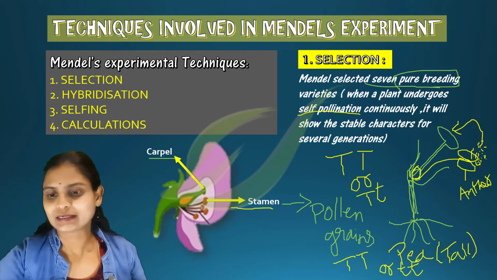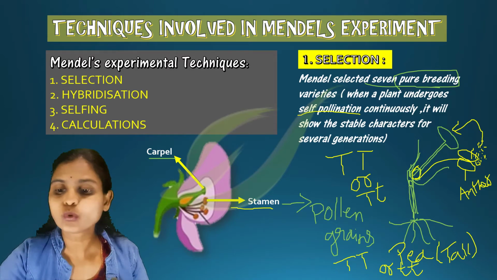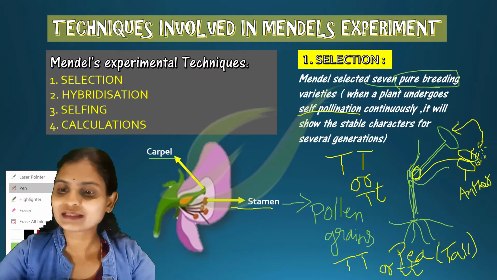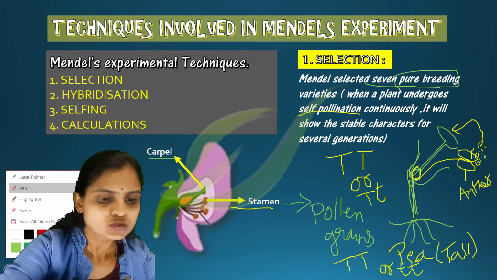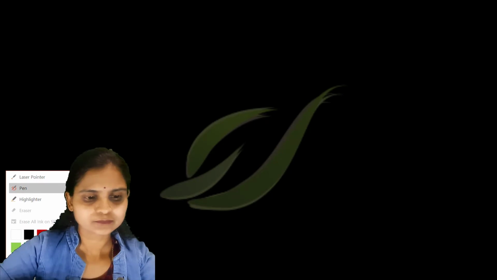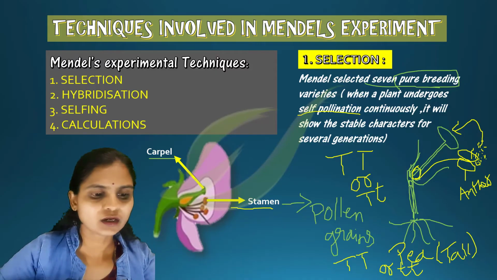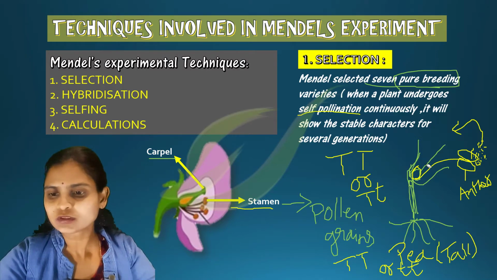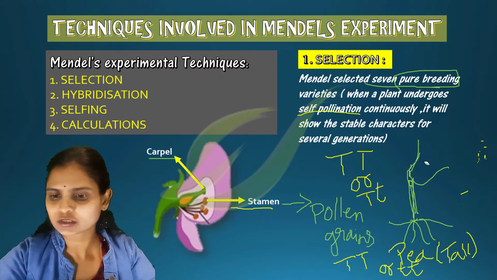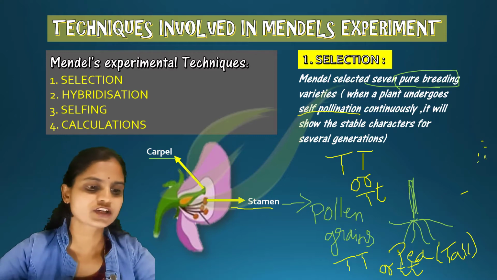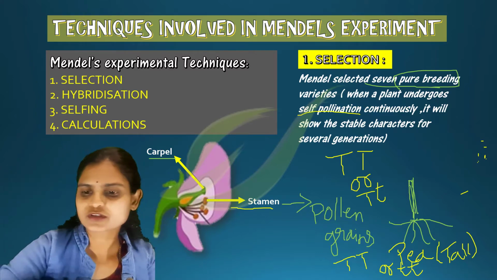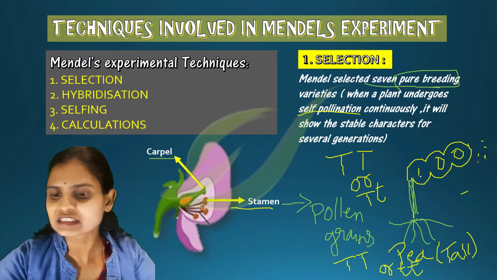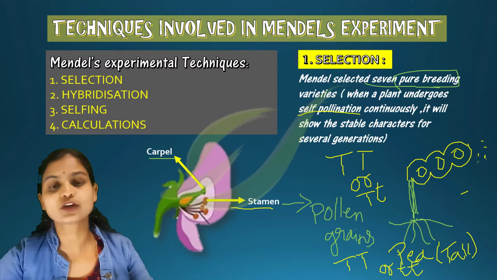After fertilization, you know very well that the flower will develop into fruit, and inside the fruit there are seeds. So after 7 generations, imagine he collected all the seeds.